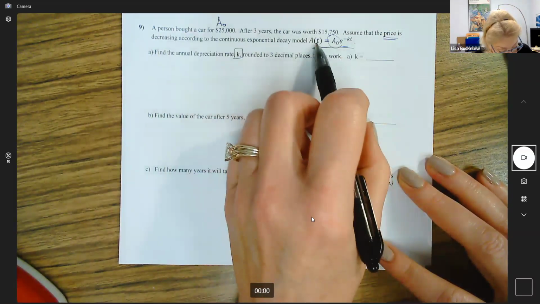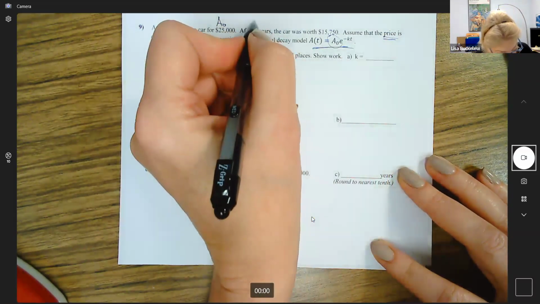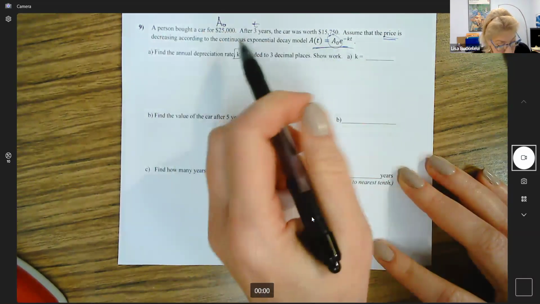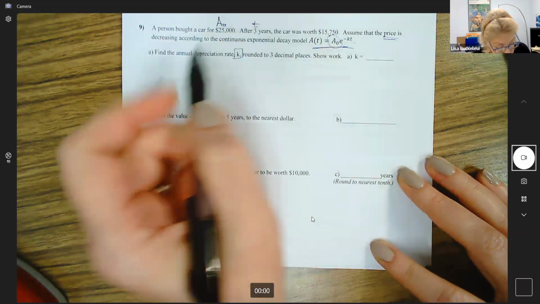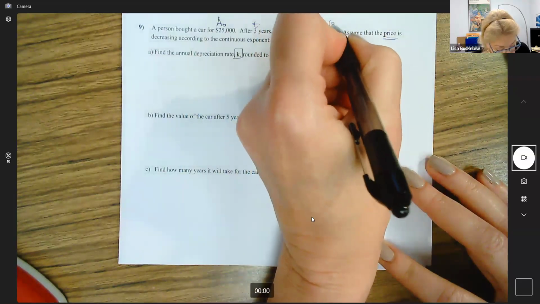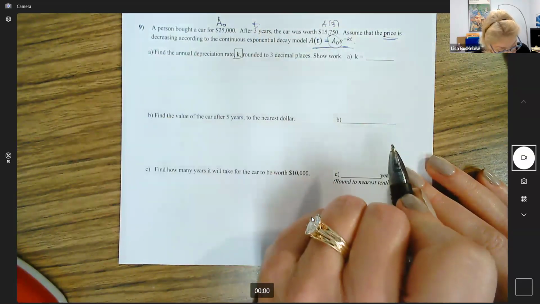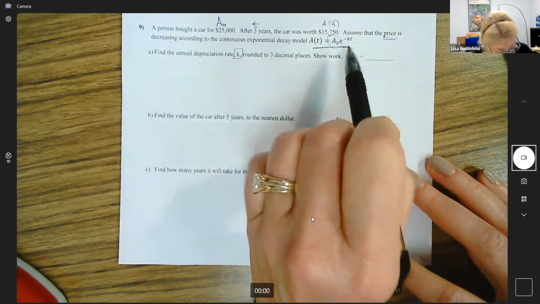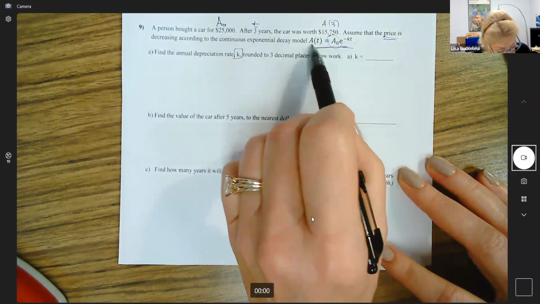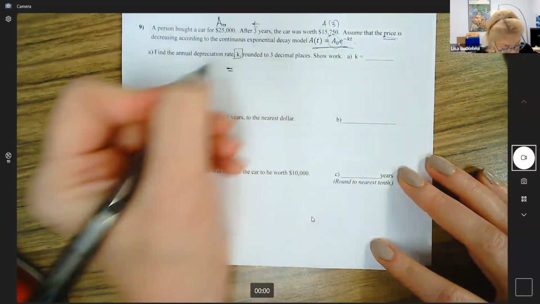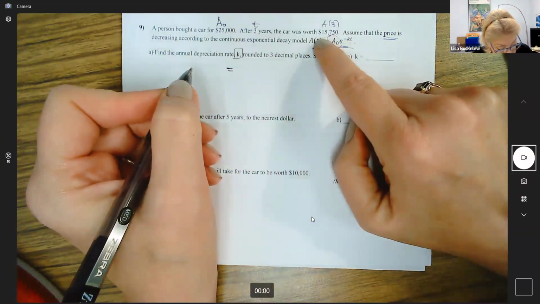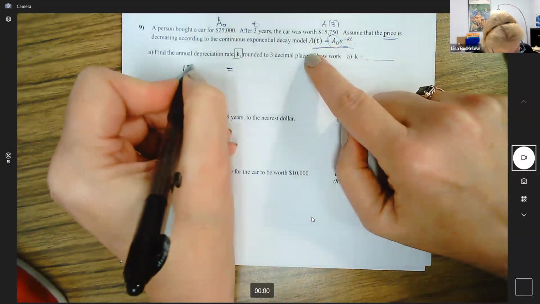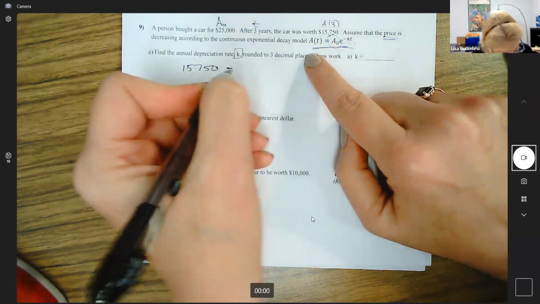So let's figure out what everything is. The final amount after 3 years, so 3 is going to be my t value. The value at 3 years would be this number, so that's what goes over here. So that would be like our A of 3. That would be the outcome. Okay, and then we're trying to find the rate that was used here. So, all right, let's put it all into our formula. A of t, the amount after 3 years, is going to be the lower amount because it's decreasing in value.